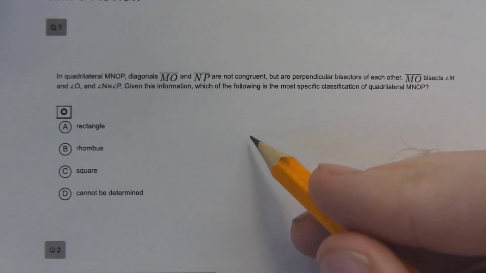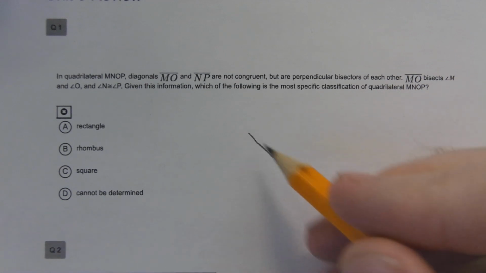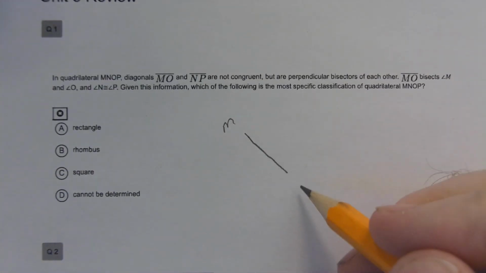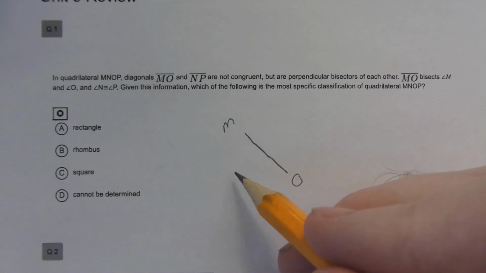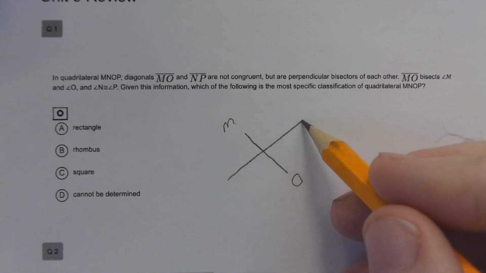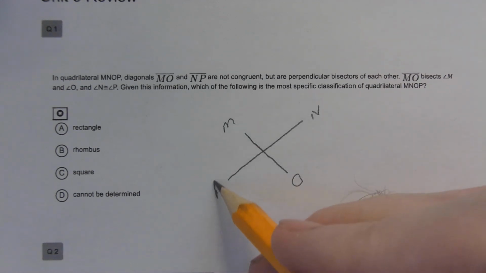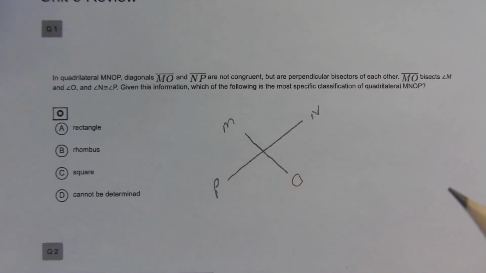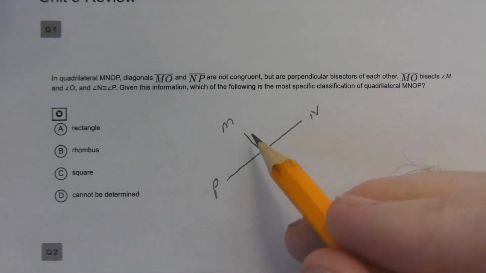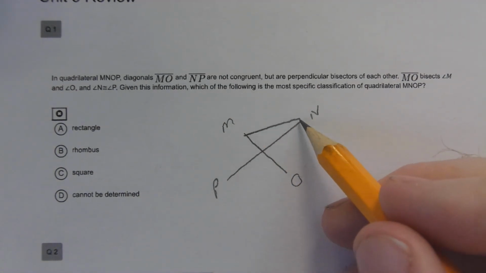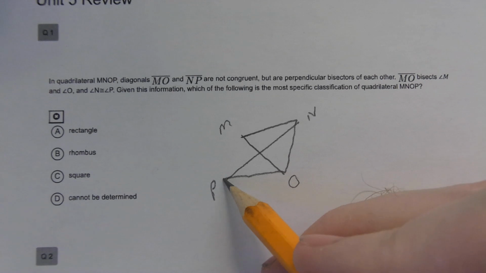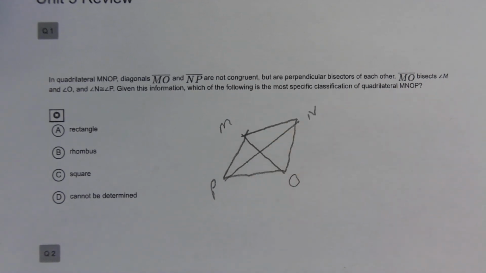So we know MO and NP are not the same size in MNOP, but we do know that they're perpendicular bisectors.